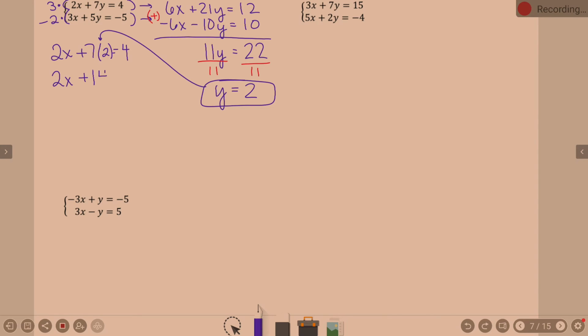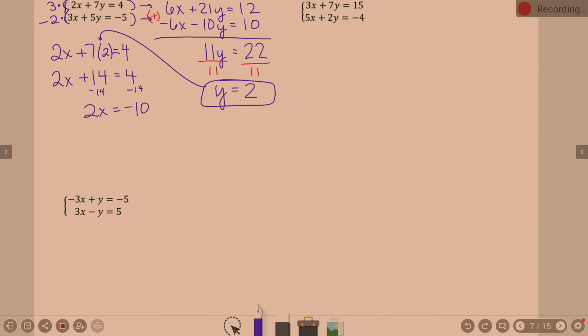2x plus 14 equals 4. If it's 2x plus 14, I'm going to subtract 14. 2x equals, what's 4 minus 14?